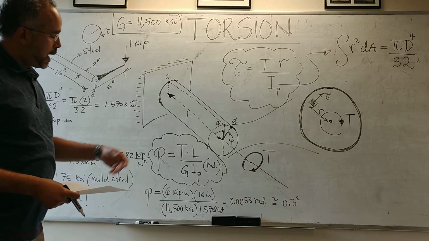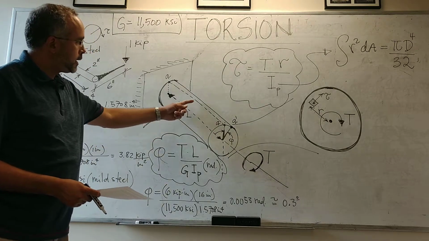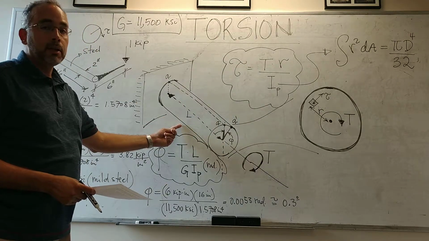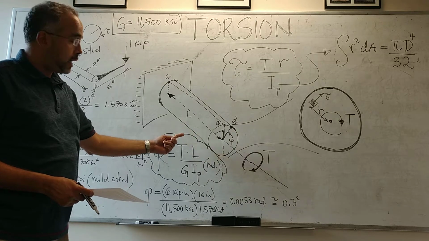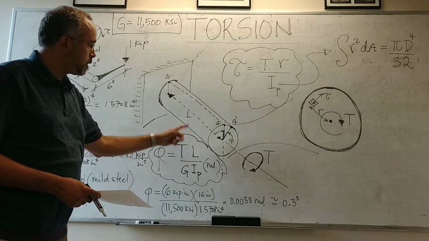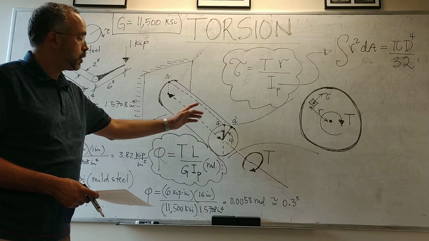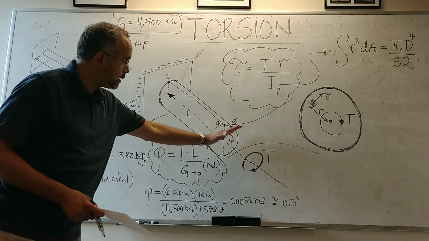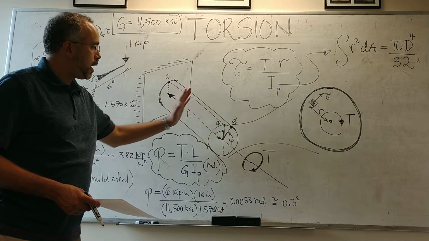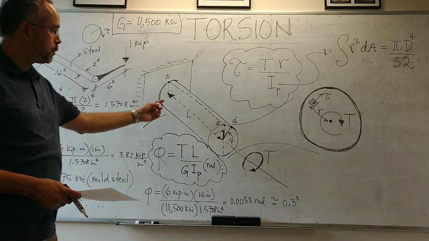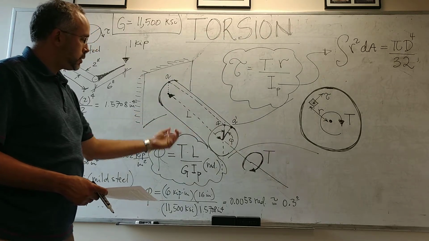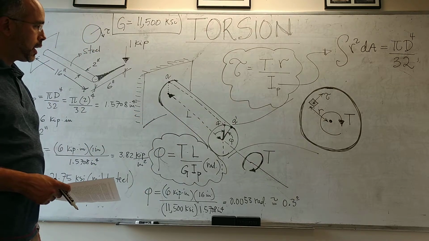Now, let's suppose you wanted to calculate the angle halfway through the length. In that case, instead of putting in L, you would put in L over 2, because you don't want the angle at the end, you want the angle halfway there, or at whatever distance you wish to compute that angle.